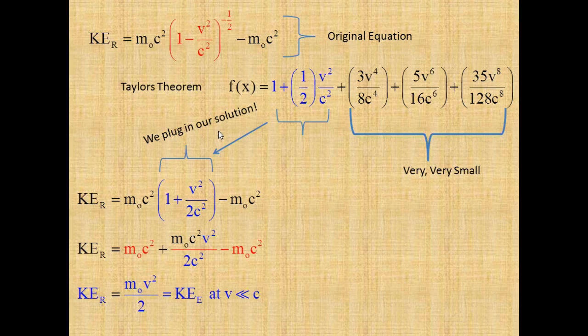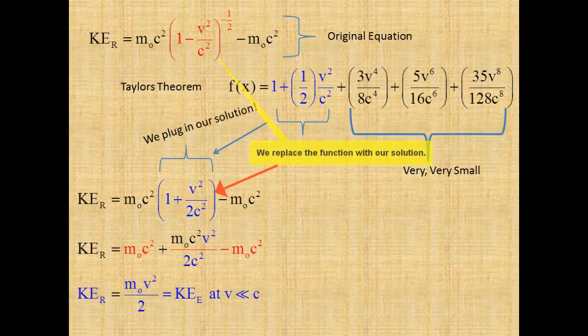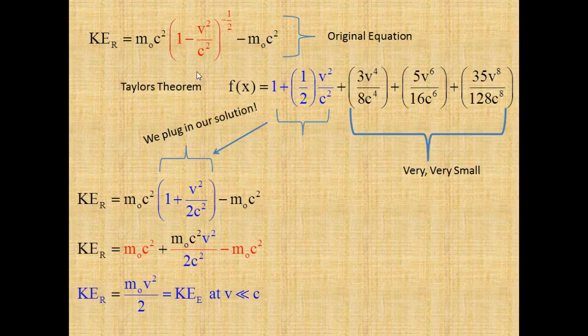And then what we do is, since these are very small, this is our solution. And we plug our solution into here or here. This is the same equation now with our solution, okay?